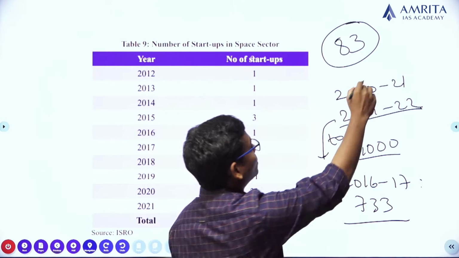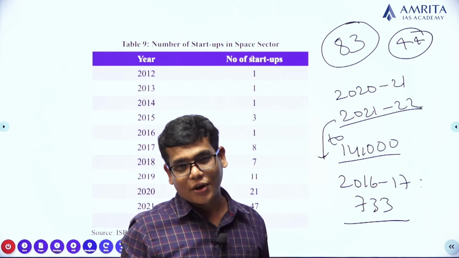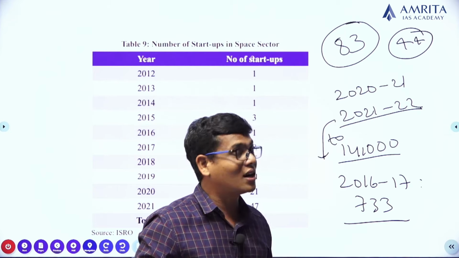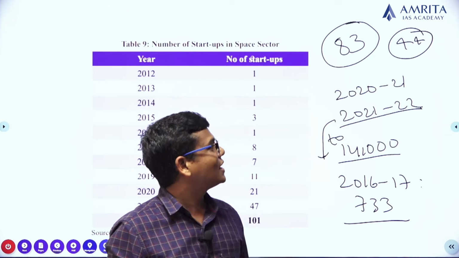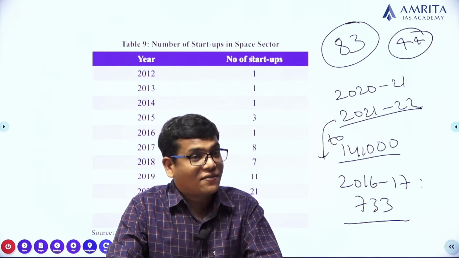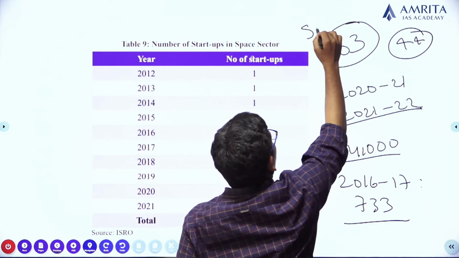In the year 2021, around 44 startups crossed this unicorn status. In total there are 83. Just have some idea about this, but unfortunately most of the startups are in the services sector.